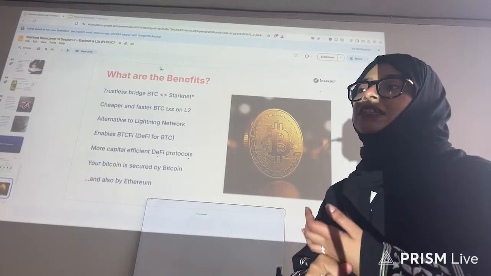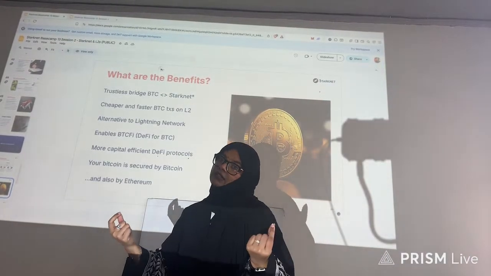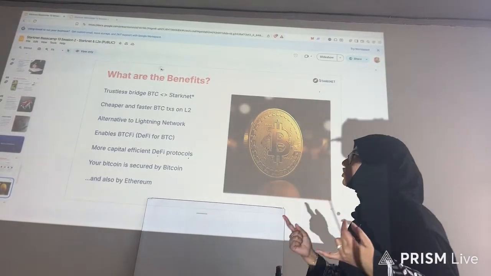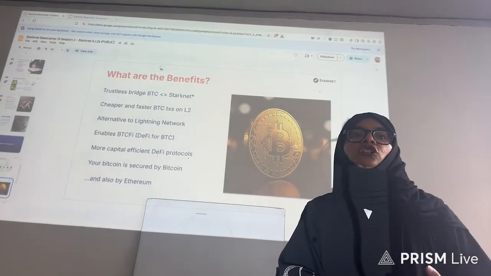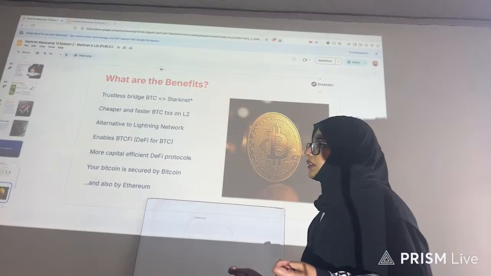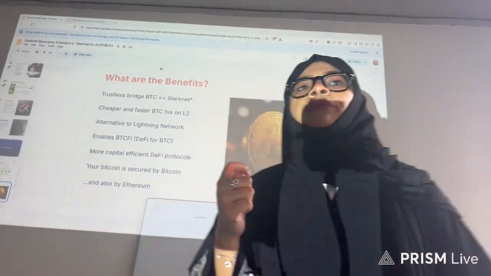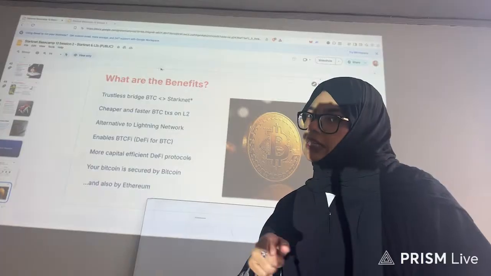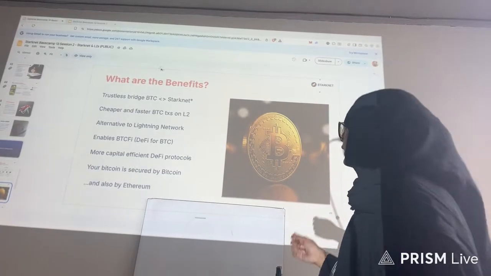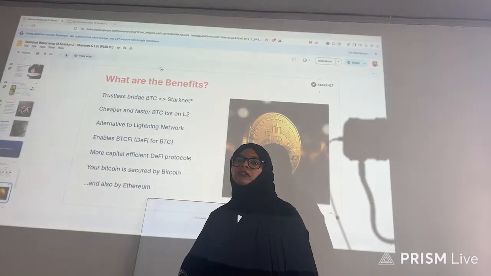Now the biggest benefit would be a trustless bridge between BTC and Starknet, which would let us do cheaper and faster transactions on BTC. It's also highly likely that in the coming years, Starknet might replace the Lightning Network as a state channel. Yes, that's what they're thinking. It's an apples and oranges thing, in that sense.